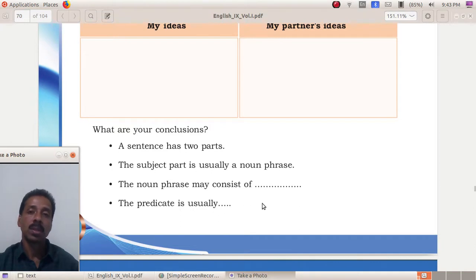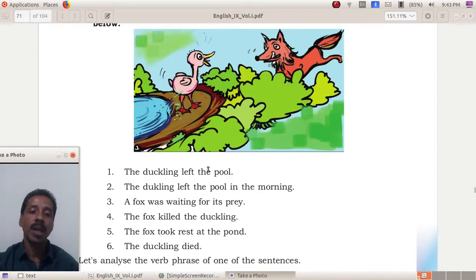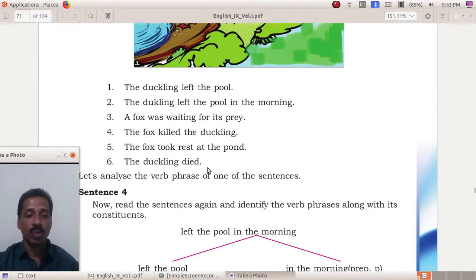Verb, prepositional phrase, and sometimes adverbial, etc. So what you have to do is go through the text, take a paragraph and try to find out the noun phrase and the verb phrase.